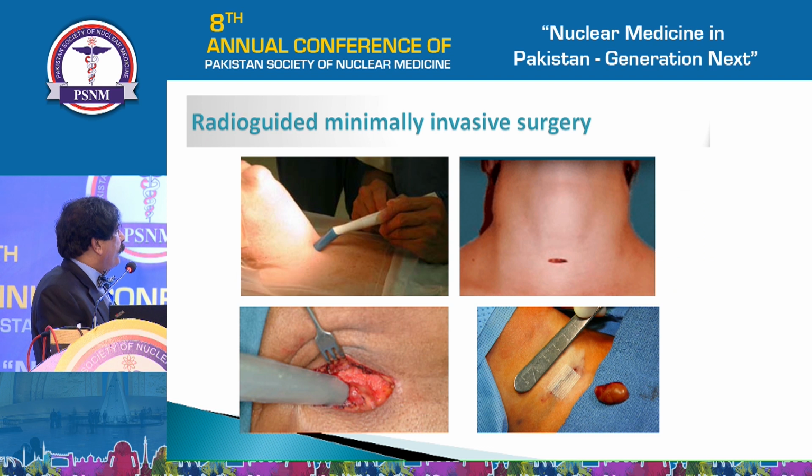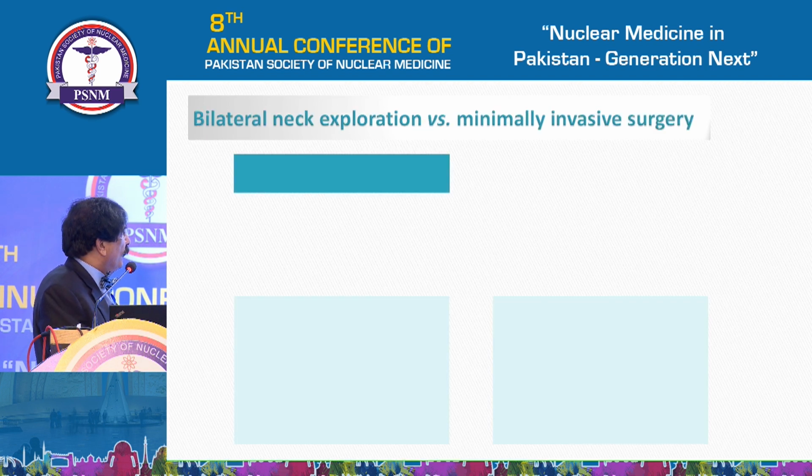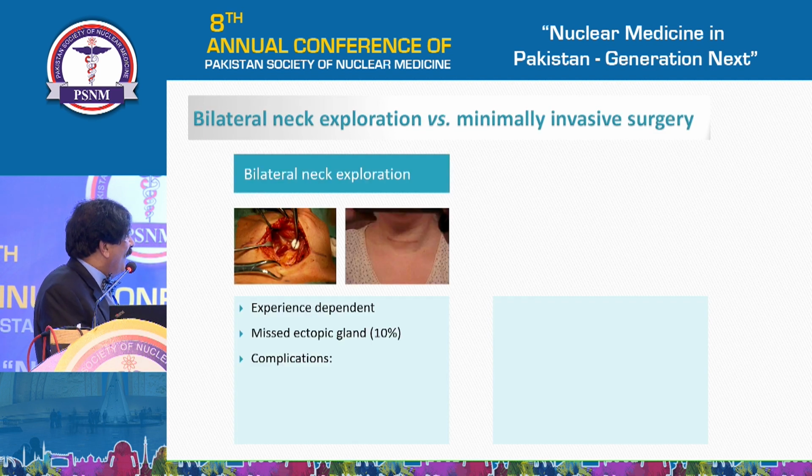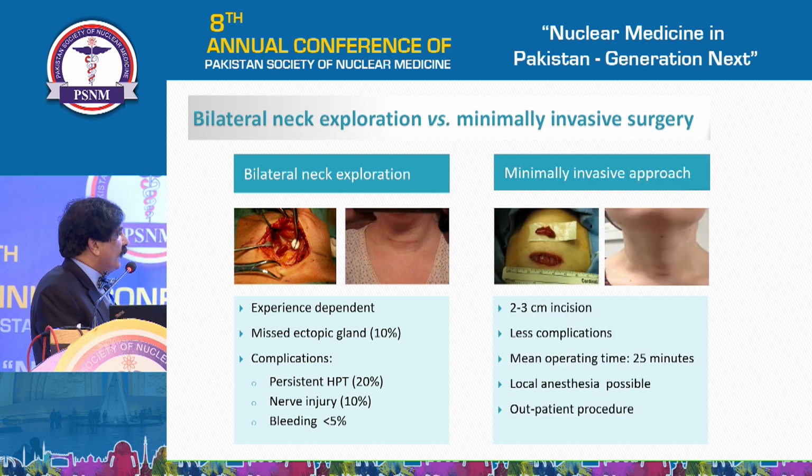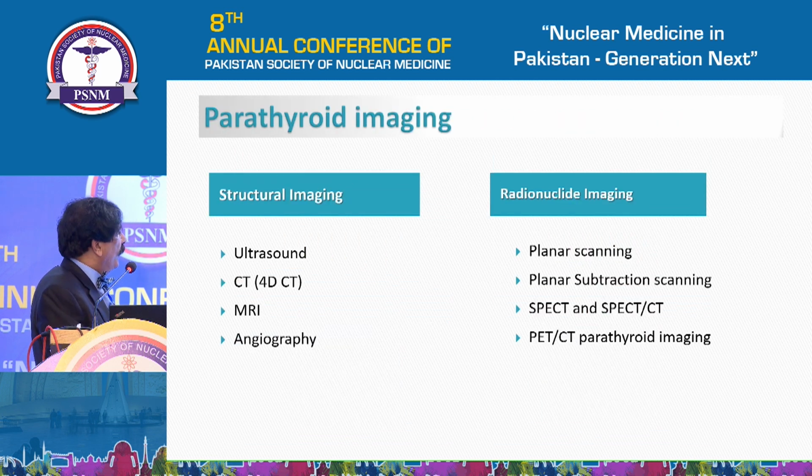Here's a picture of a gamma probe, radio-guided minimally invasive surgery compared to bilateral neck exploration. With the minimally invasive approach, there are small incisions, fewer complications, and it can be performed under local anesthesia as an outpatient procedure.